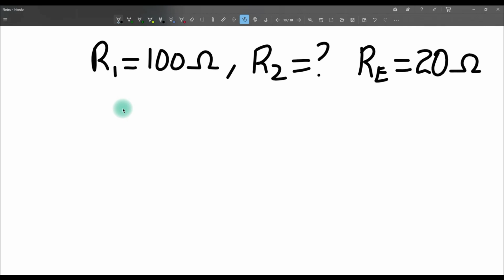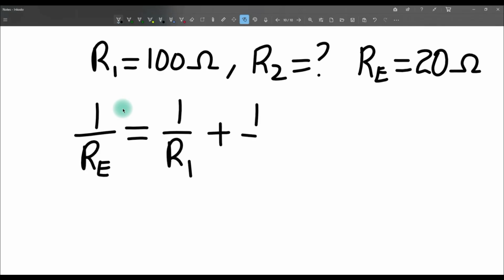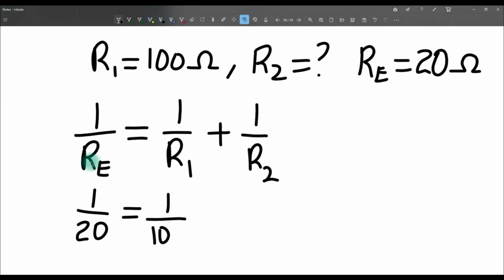Two resistors are in parallel. For two resistors in parallel, that means 1 over R effective is equal to 1 over R1 plus 1 over R2. So we know R effective is 20, I've got it from the graph. Then R1 is 100, substitute correctly, then plus 1 over R2.